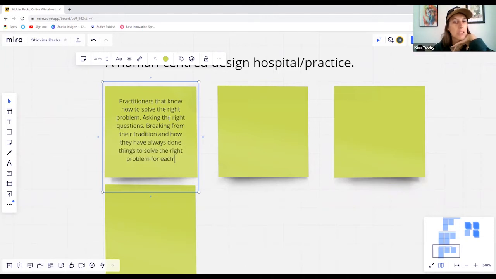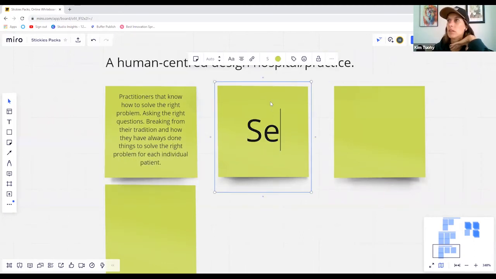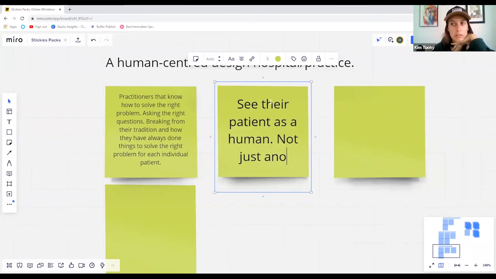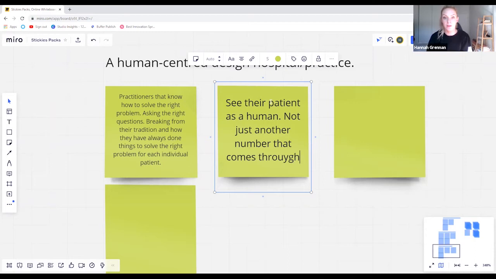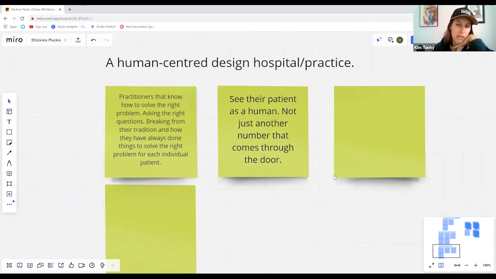They would see their patient as a human and not just another something that comes through the door. Not just another number. That's speaking from my own customer experience. Yeah.